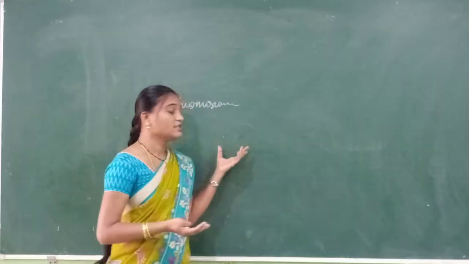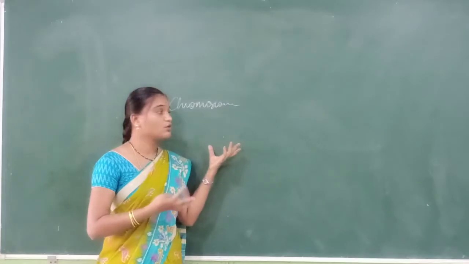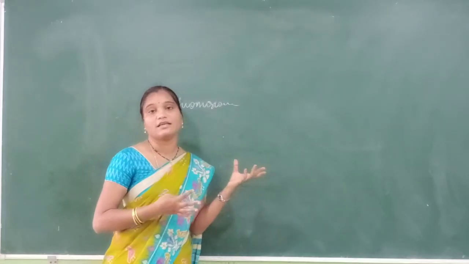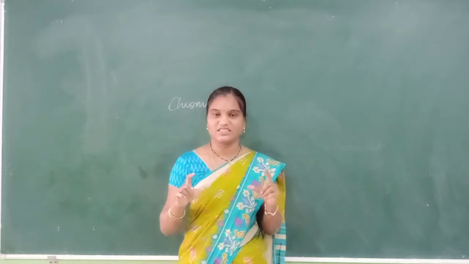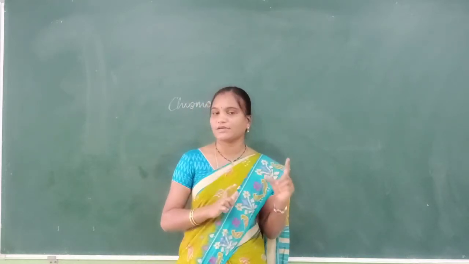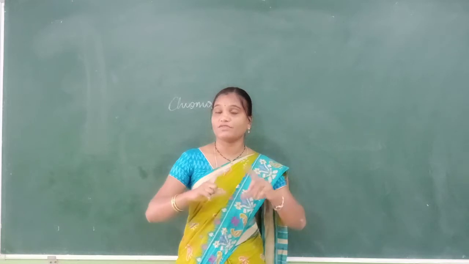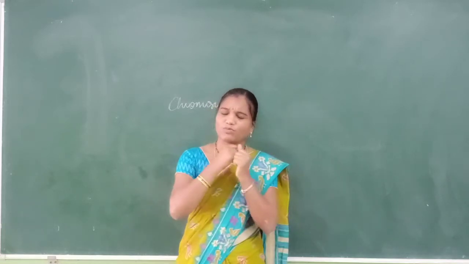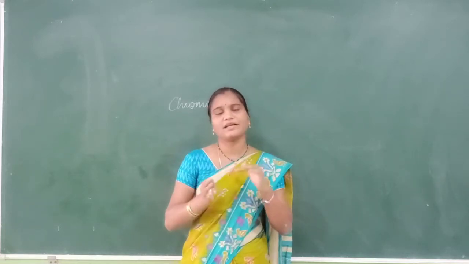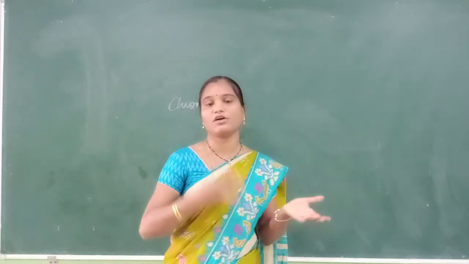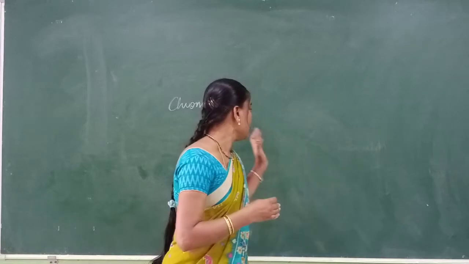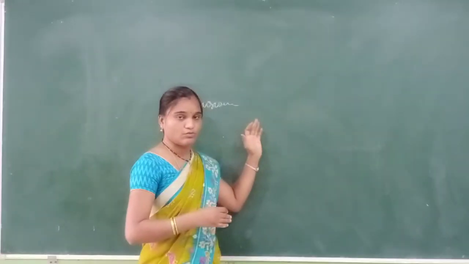So the number of chromosomes varies in different species. Chromosomes are the further condensed form, very tightly packed when compared to your chromatin. So the condensed form of chromatin is nothing but your chromosomes.